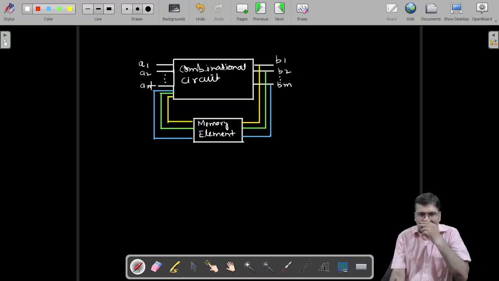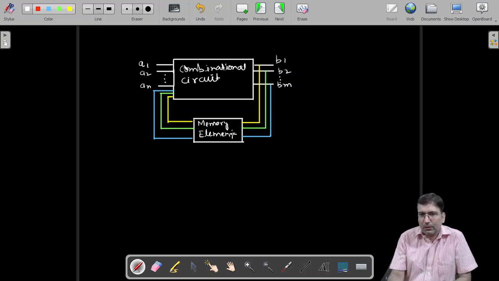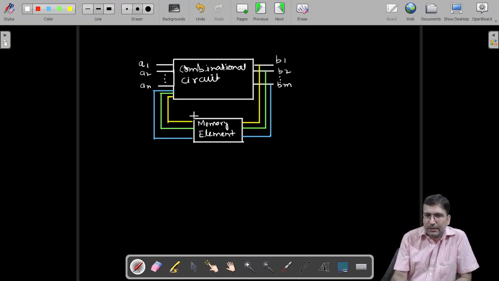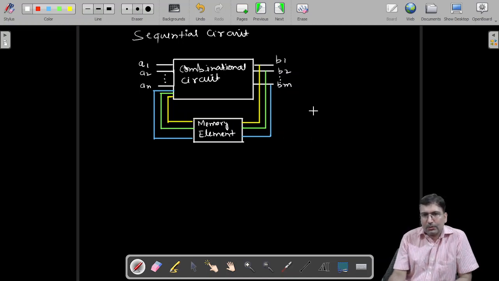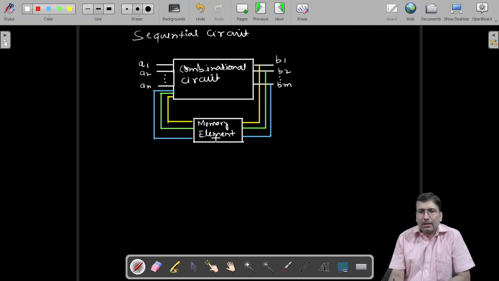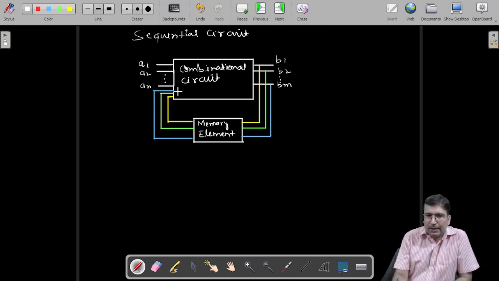So it behaves like you pass some input, it will generate output. Only this memory element is making the whole circuit a sequential circuit. So it is utilizing the previous output as the input.